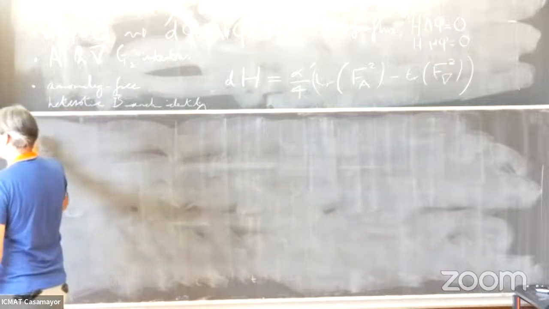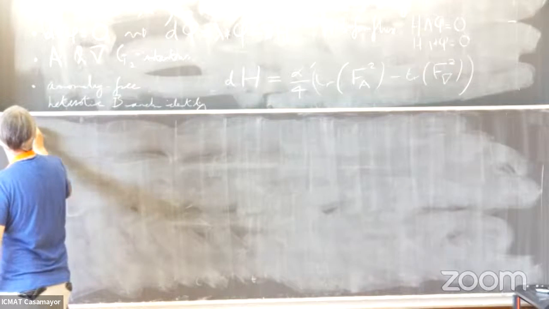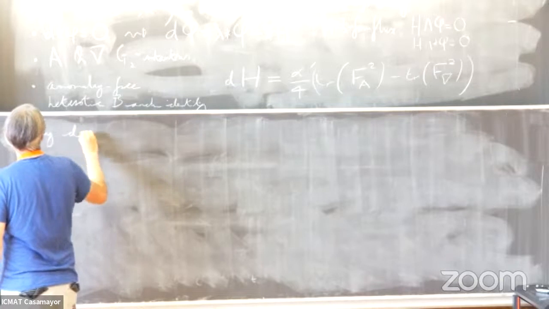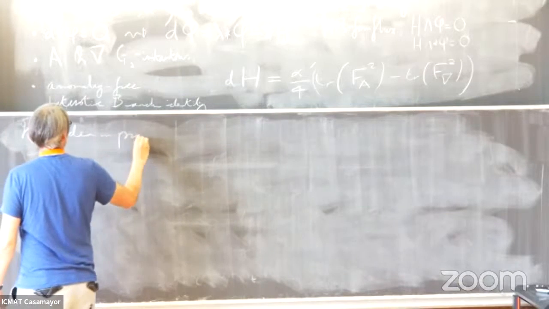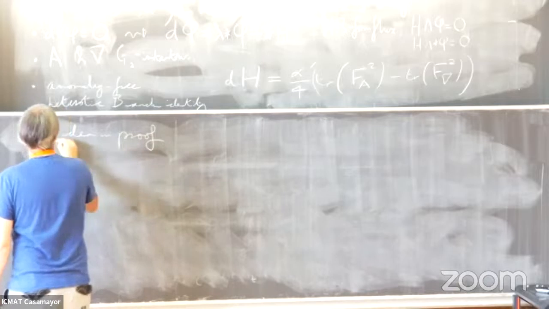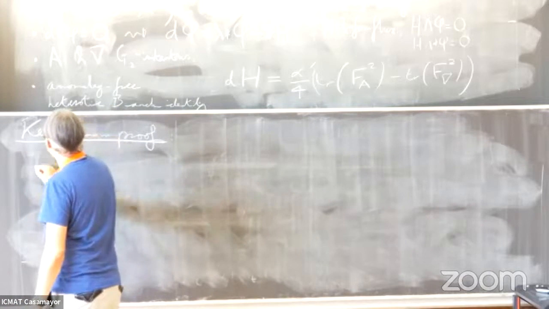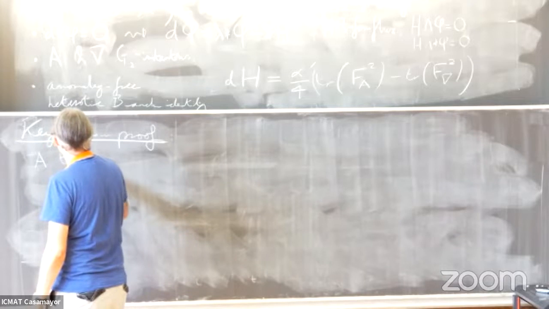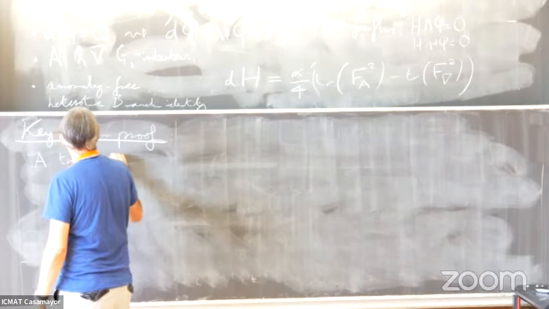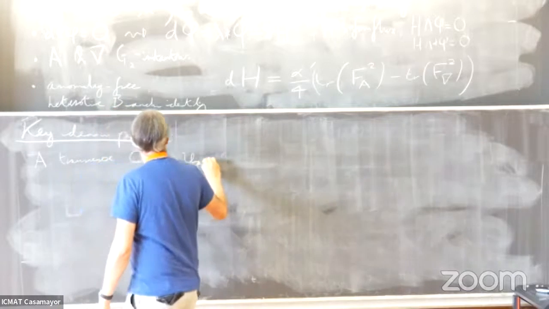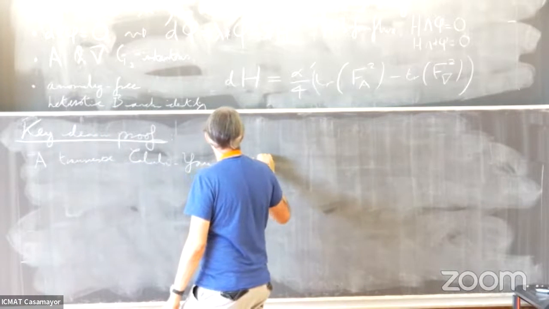And so let me just say very briefly, what's the key idea in the proof. So A is just going to be the transverse Calabi-Yau connection.